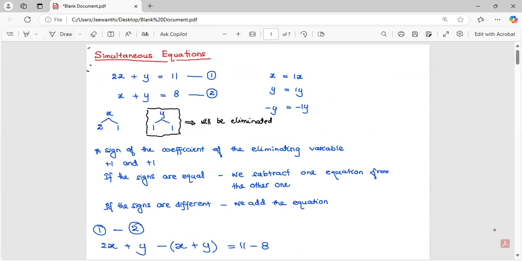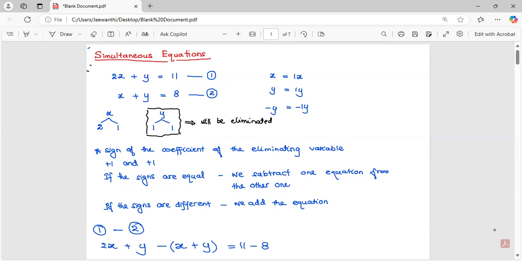So I repeat, when you have two equations like this, we first number the equations 1 and 2. Then we write down the coefficient of each variable. When you write down the coefficients, you can understand which variable will be eliminated.